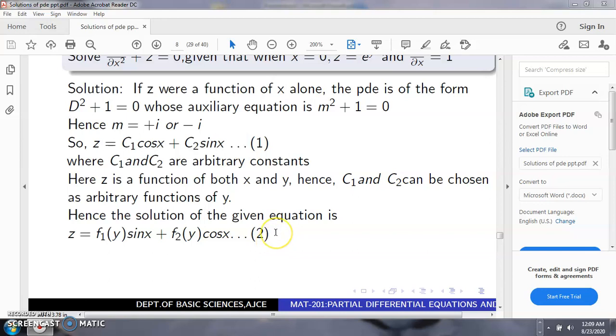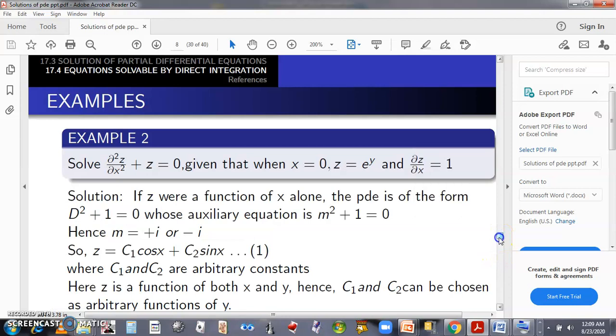Now we have to apply the given conditions. We have obtained z as a function of x and y, so we have obtained the solution. Now the given conditions are for finding the arbitrary functions f1 and f2. The first condition is when x is equal to 0, z is equal to e^y.